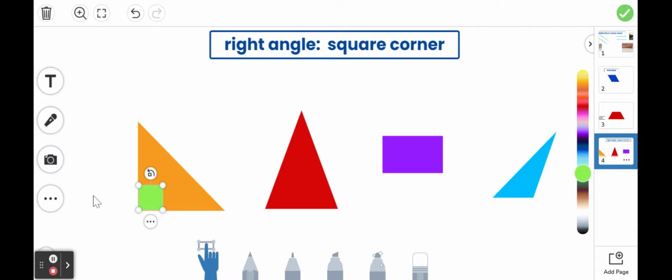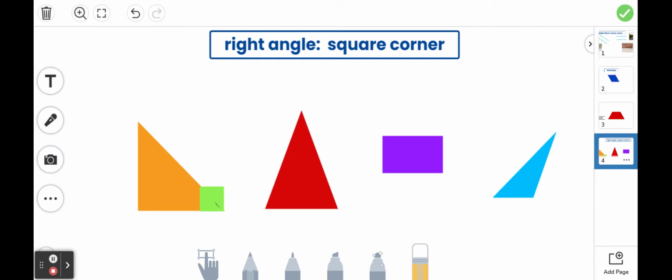That is a square corner, and that's called a right angle. But if I take it over here to this angle, that is not a right angle because the shape continues on this way. And so you can tell that this is not a square corner or a right angle.